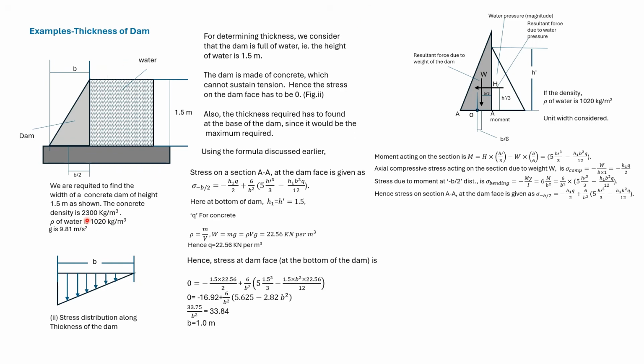We are given the density of concrete, and using mg, we find out the load acting per meter cube. Substituting stress at the dam face as 0, and with H dash and H as 1.5, we get B as 1 meter.